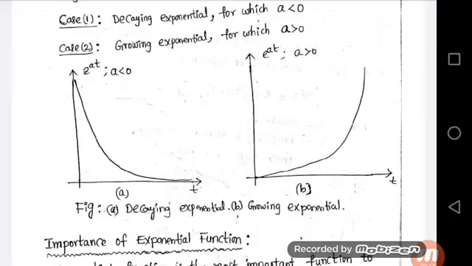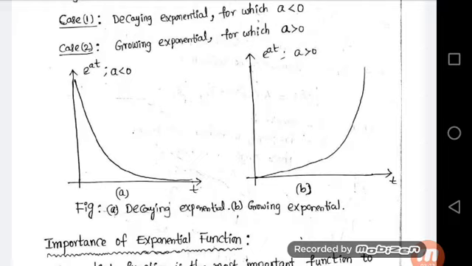We can see the diagrams below clearly, case 1 and case 2. If the condition is a less than 0, the wave decreases gradually from top to bottom.